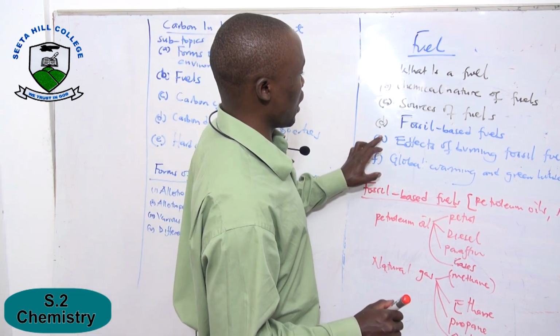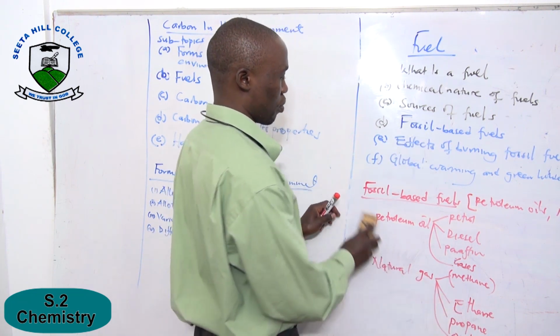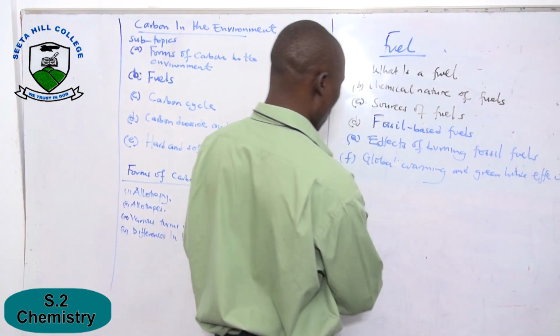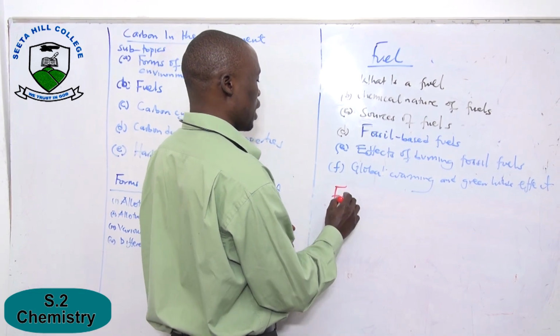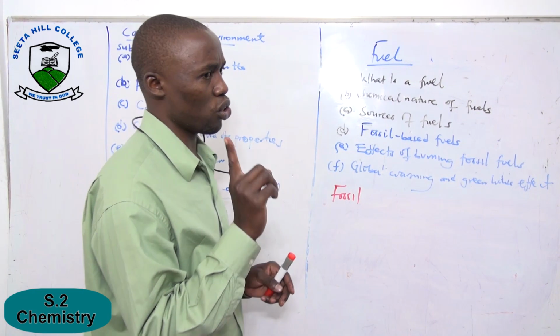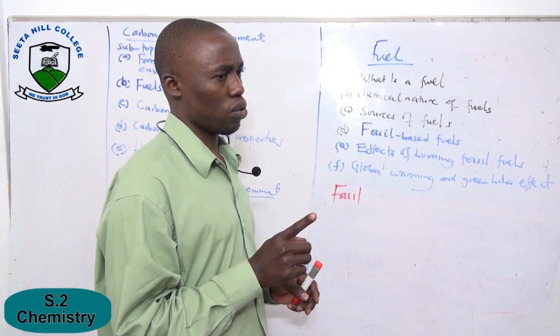Now, let us look at the effects of burning fossil fuels. What is the effect of burning fossil fuels? Now listen. The chemical nature of a fossil fuel is not only carbon.